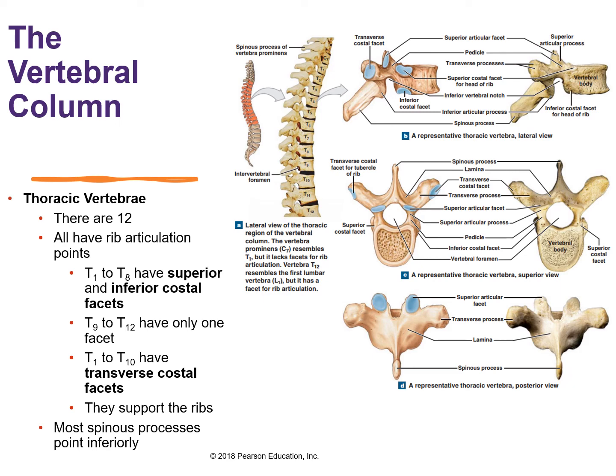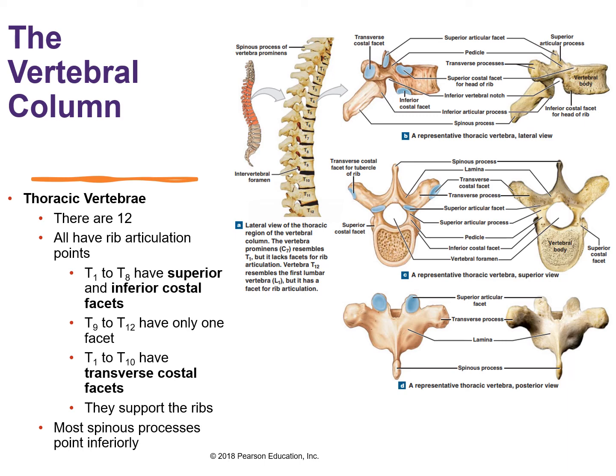The transverse processes of vertebrae T1 to T10 are relatively thick, and their anterolateral surfaces contain transverse costal facets for articulation with the tubercles of ribs.